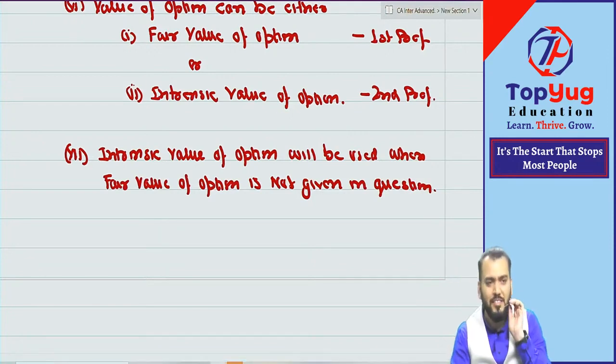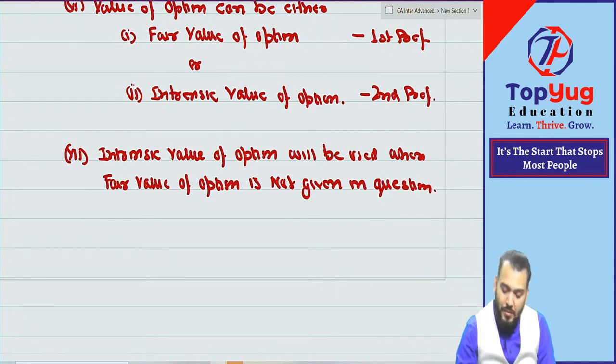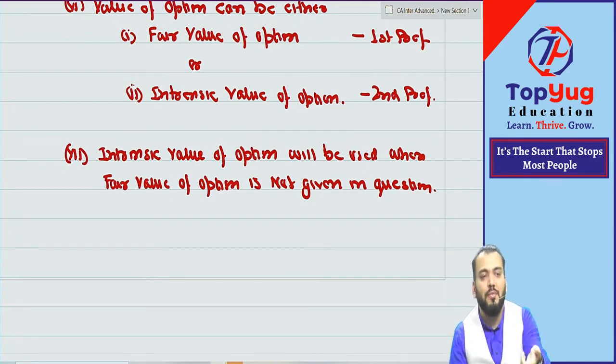But now there is a chance that they may give fair value of options also. Only the thing is that now, instead of intrinsic value, you should write down fair value.